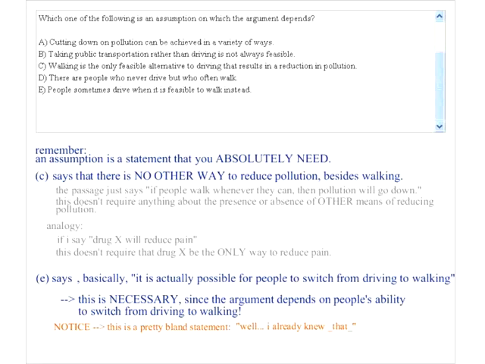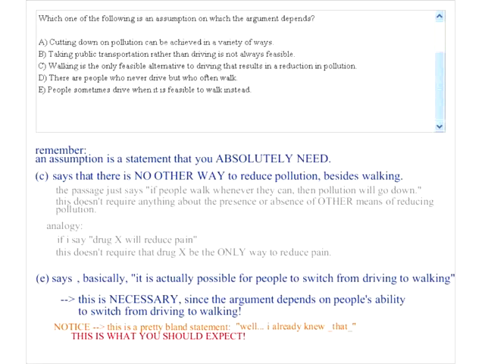Assumptions, for the most part, are not controversial. They're just things that you think you don't even have to say. So this is what you should expect.